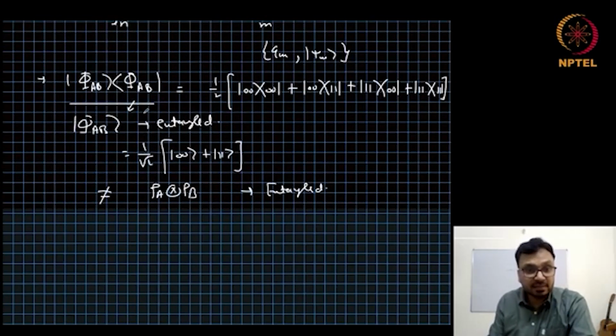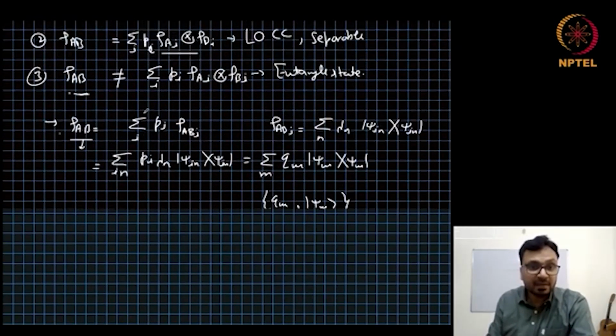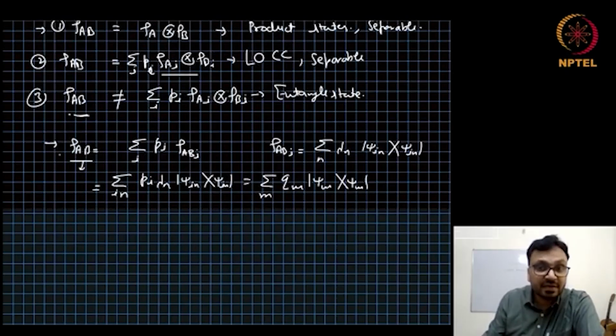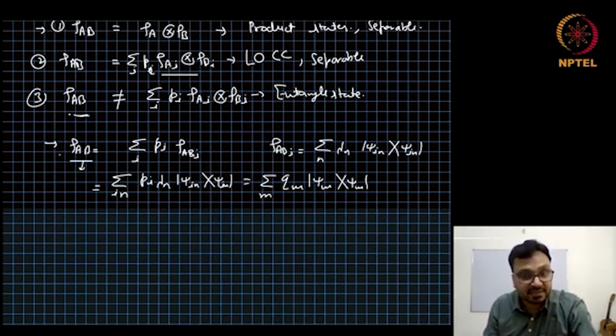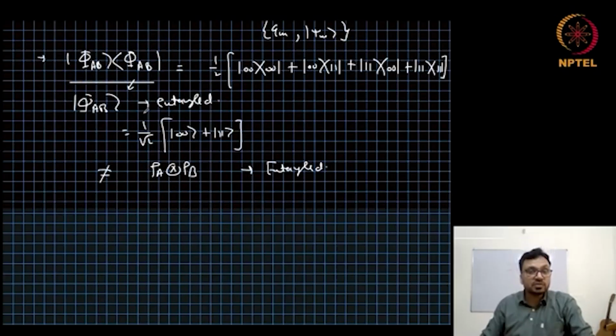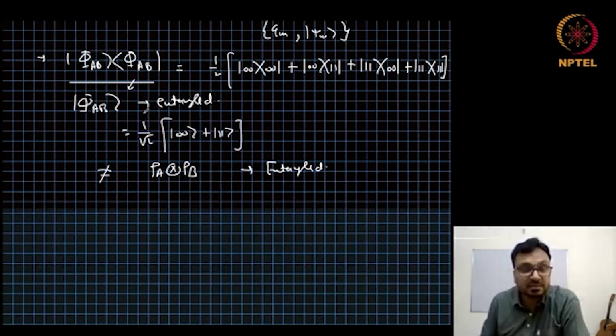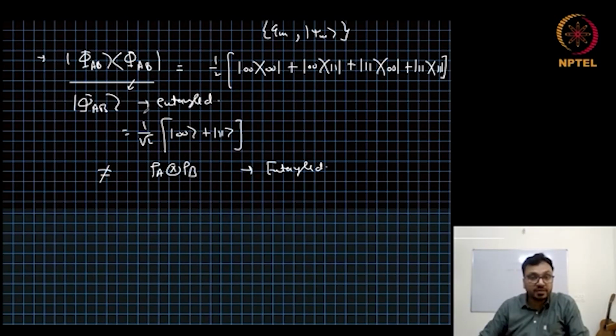So this state can be treated as an example of a state where the separable decomposition does not exist, and hence it is an entangled state. Here, to prove that the separable decomposition does not exist, what we have used is that for a pure state, there is no non-unique preparation method. There is only one method, that is preparing the system in that pure state. And separable decomposition is a way of writing the preparation method.